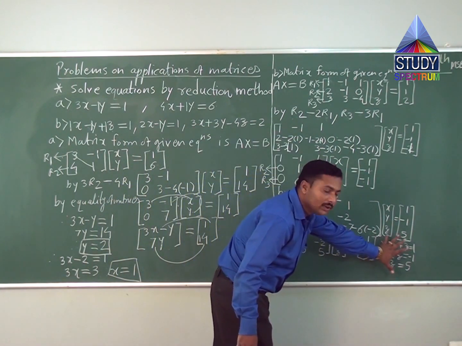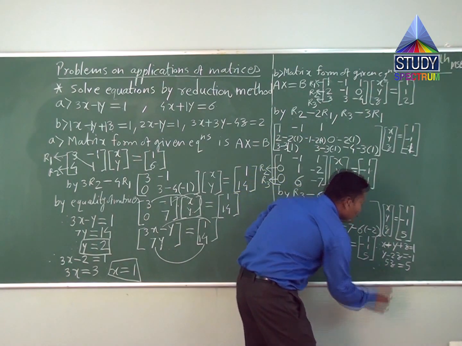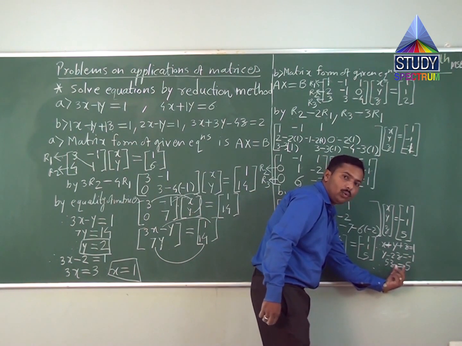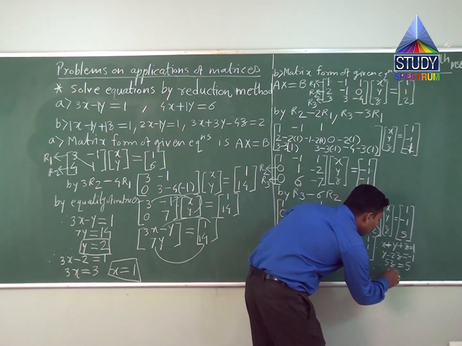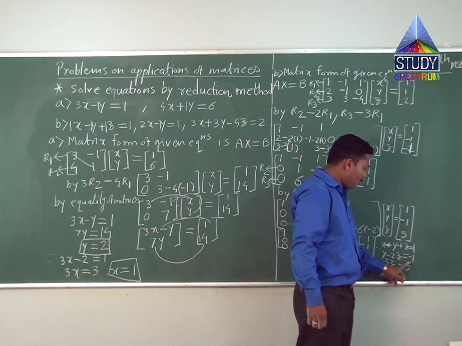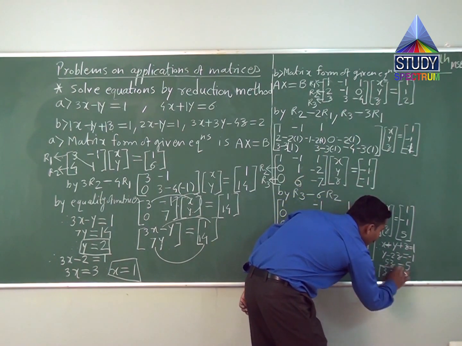So we solve this equation by our simple method. Look carefully. Last equation, 5z equal to 5. So what is z equal to? 5 upon 5, 1. So z equal to 1.